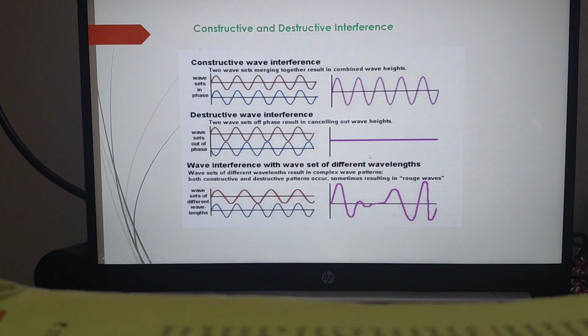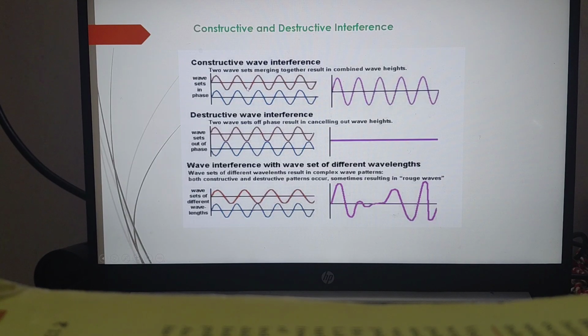See, we can observe here diagrammatically constructive and destructive interferences. Here it is the constructive interference. See the waves, the crest meets crest, the trough meets trough.